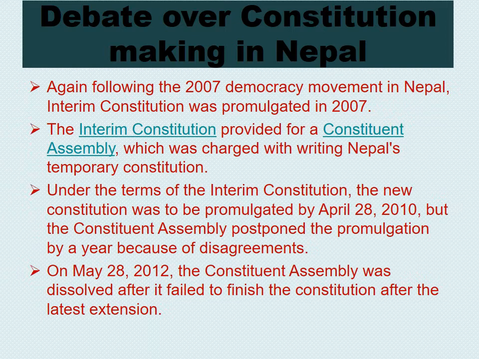Under the terms of the interim constitution, the new constitution was to be promulgated by 28 April 2010. But the Constituent Assembly postponed the promulgation by a year because of disagreements. On May 28, 2012, the Constituent Assembly was dissolved after it failed to finish the constitution after the latest extension.